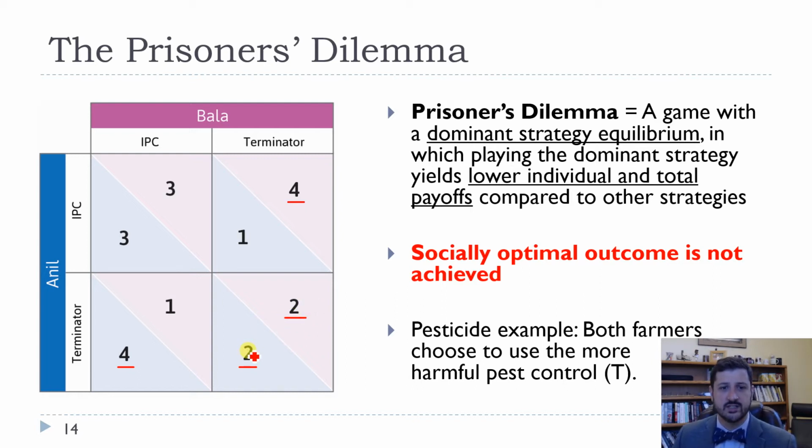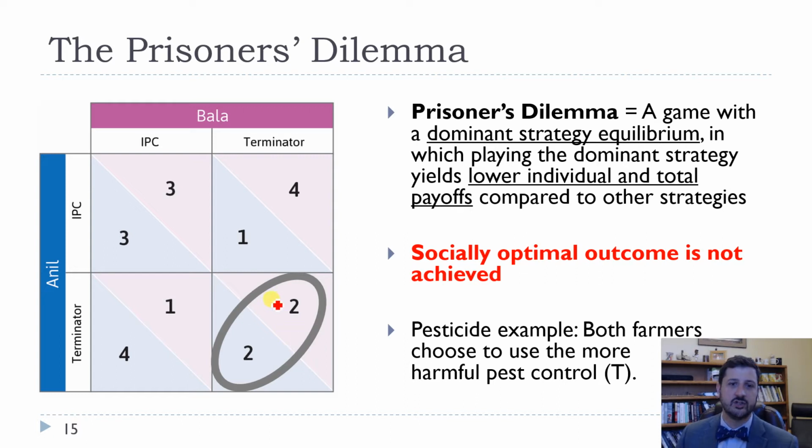And so here we can see again that there is a dominant strategy, right? The dominant strategy in this case for both players is to use the chemical pesticide Terminator. But the problem is that we end up with a Nash equilibrium that is not socially optimal. And in this case, unlike the example from the previous video where we had two Nash equilibria, the social optimum, which is both using integrated pest control, is not a Nash equilibrium.